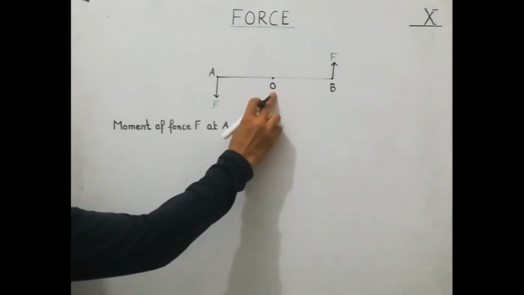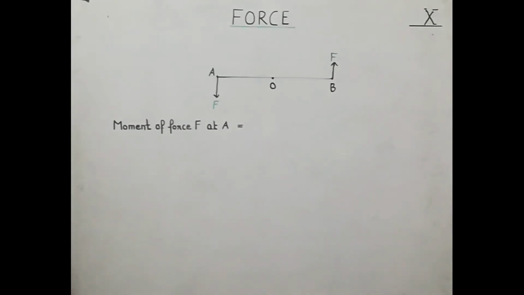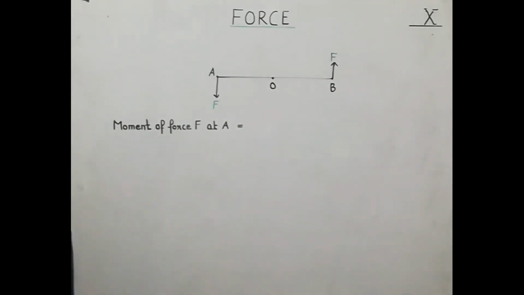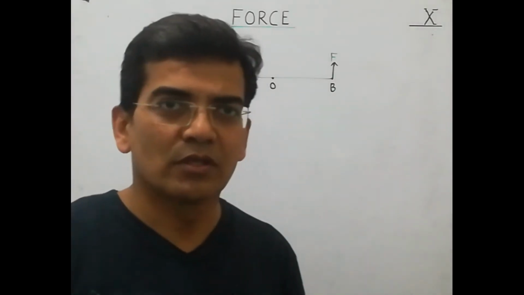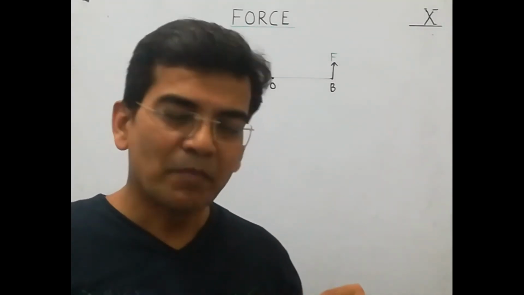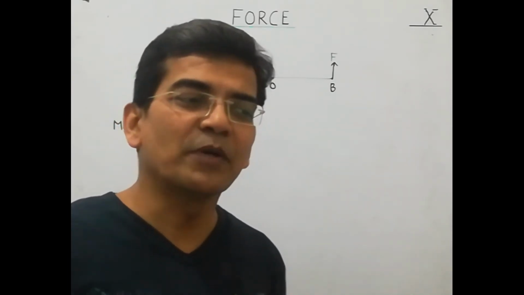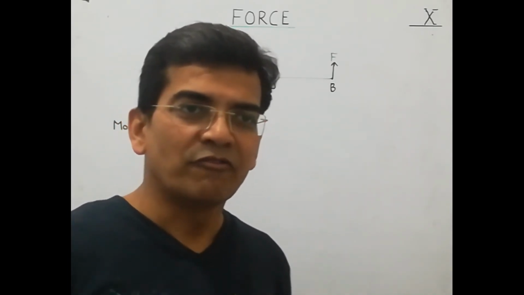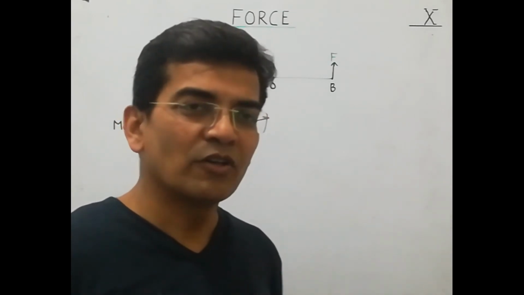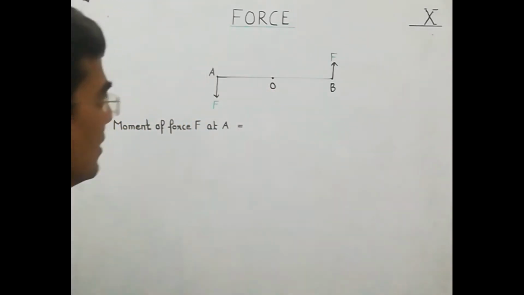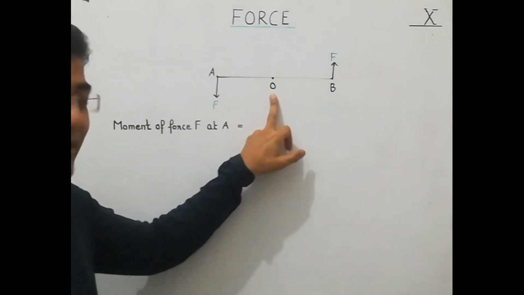Now this is the point where the body is rotating. Okay. Now whenever we have to calculate the moment of a force, how do we calculate it? We multiply the force applied and its perpendicular distance from the point of rotation. Now here this is the point of rotation about which the body is rotating.